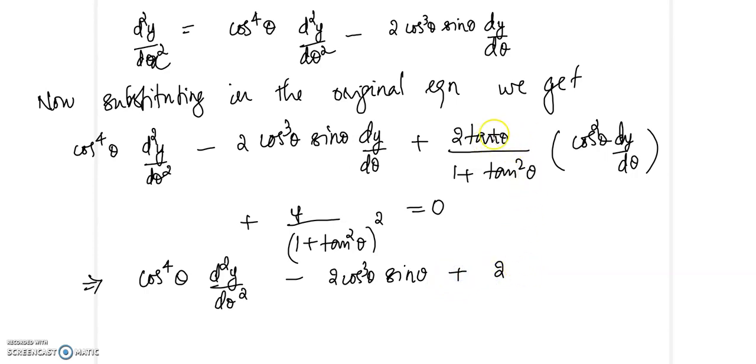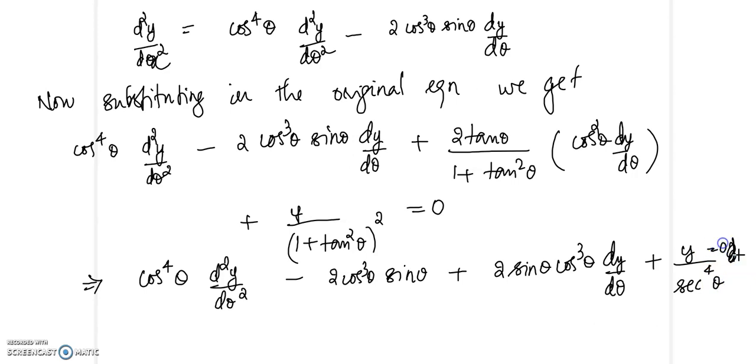Sin theta times tan theta, where tan theta is sin theta by cos theta, so here you will get 2 sin theta cos theta. Now this is sec square theta, since 1 plus tan square is sec square. So you'll get 2 sin theta cos cube theta dy by d theta plus y by sec raised to 4 theta equal to 0.